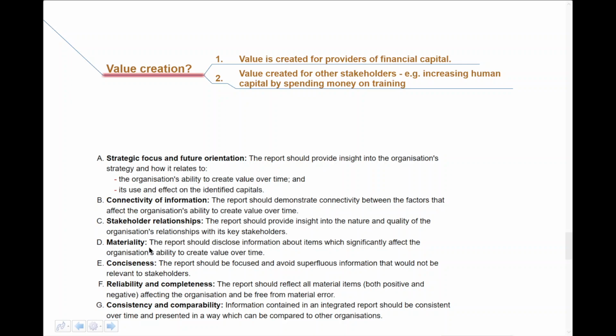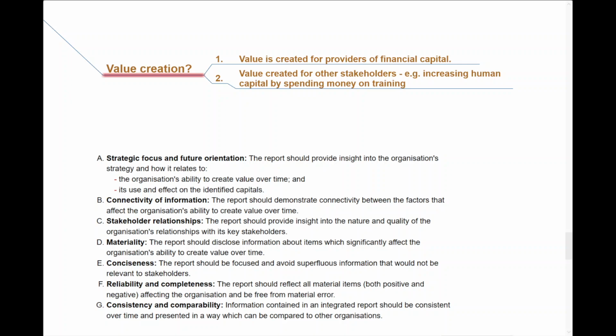Fourth area, D, materiality. So really what we're looking to ensure is that the report discloses information which is significant and indeed important. What we don't want is a lot of information that's really immaterial to the organization's ability to create value.